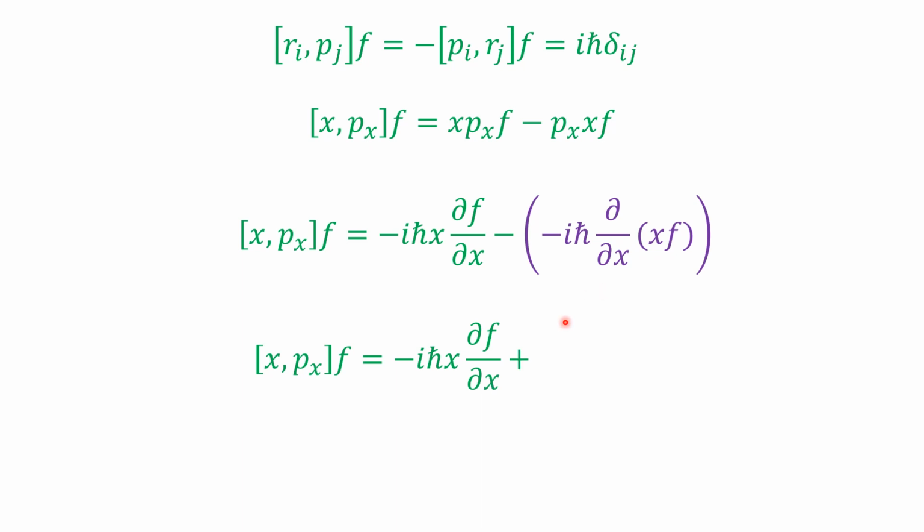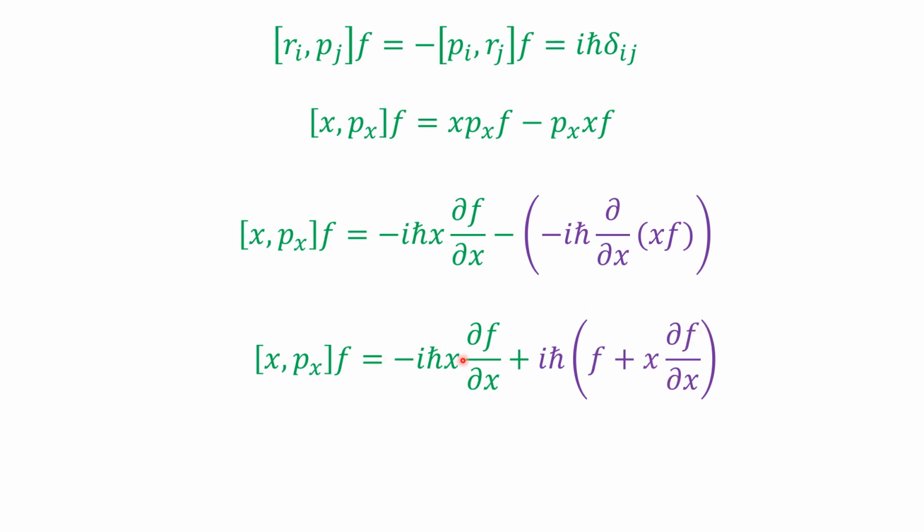The second term will become minus of minus I h cross. I am taking I h cross outside. Now first you keep f as it is and differentiate x with respect to x, which is equal to 1. So this will become only f. Then you keep x as it is and differentiate f. So you will get x delta f over delta x.